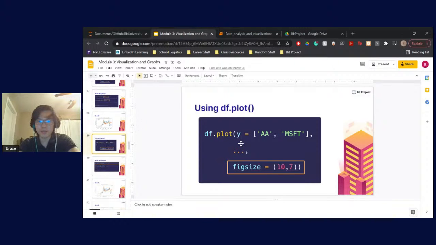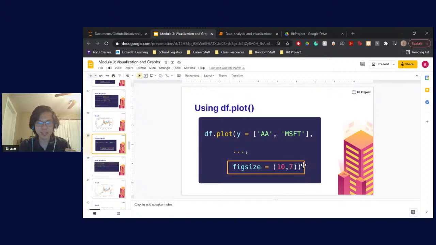The way that we do that is that we pass in a figsize tuple. So recall what a tuple is. It's another way of storing bits of information, except tuples are immutable while lists are mutable. Imagine it like an XY coordinate, where the X coordinate is going to be the horizontal width of your graph, and the Y coordinate is going to be the vertical height of your graph.